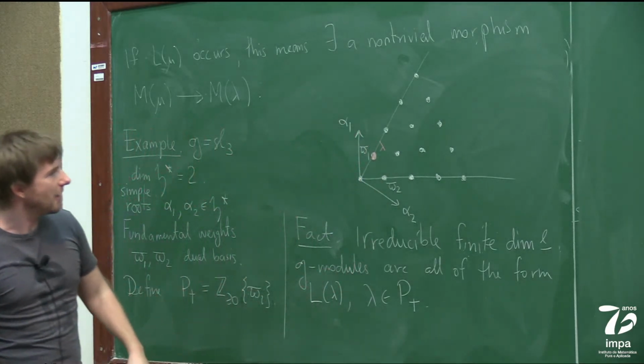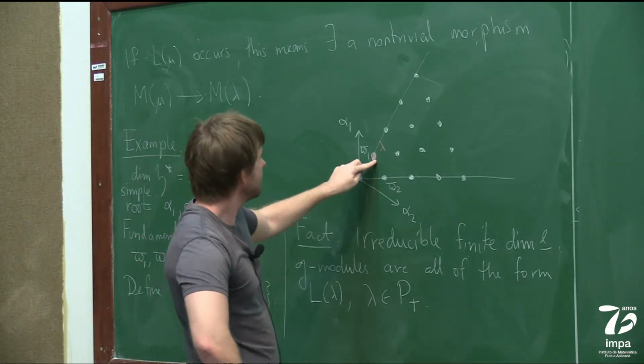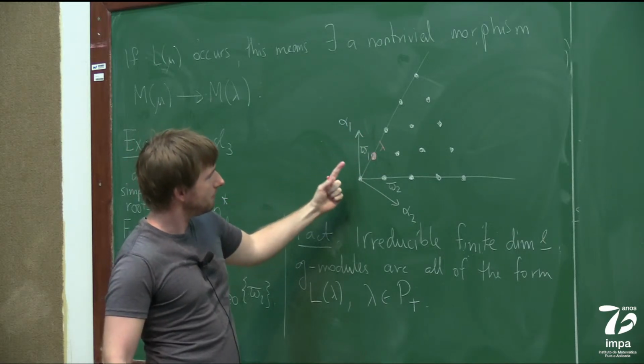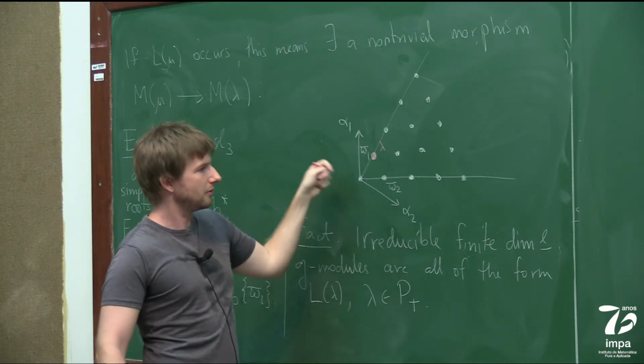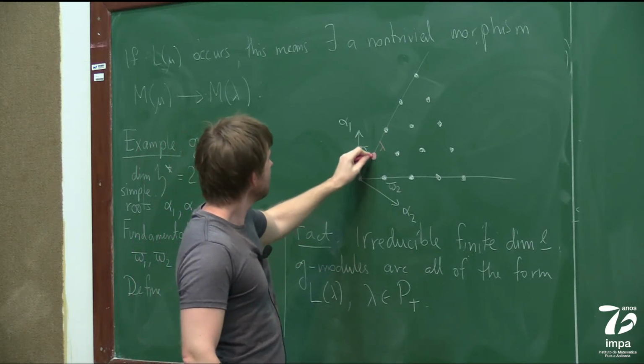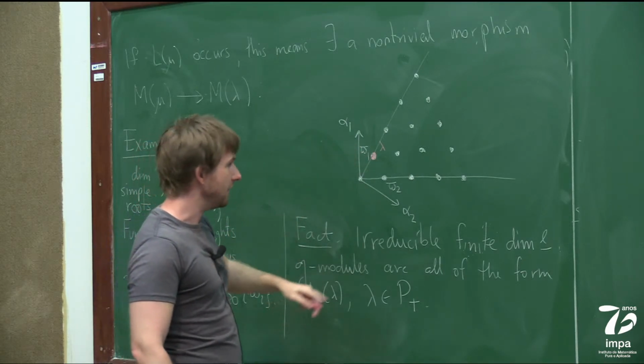And I want to consider L of lambda, which is a quotient of M of lambda. So M of lambda is given by saying that all raising operators, so root vectors with positive roots, are going to annihilate this weight. And then we generate freely by the negative root vectors.